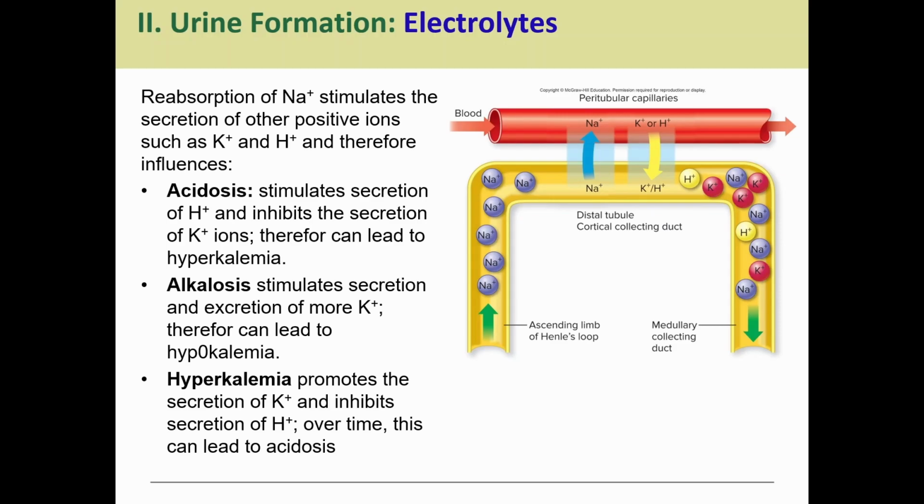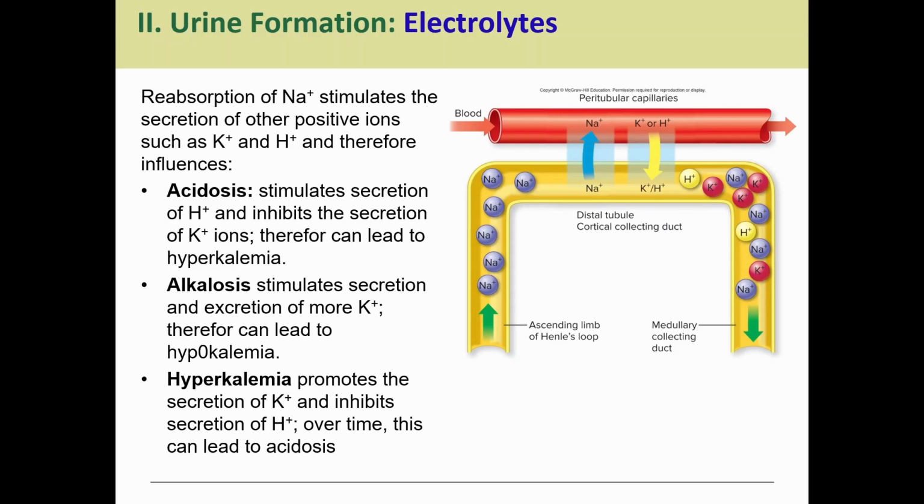We can experience some problems if we are completely out of whack. So acidosis, this is basically where we have to get rid of a bunch of hydrogen ions and we have to keep potassium. So acidosis will do that. We're going to get rid of hydrogen instead of potassium. But because we're so focused on maintaining pH, we can end up with what's called hyperkalemia.